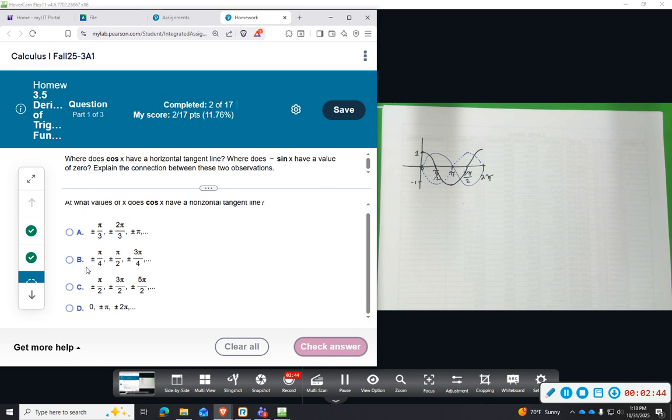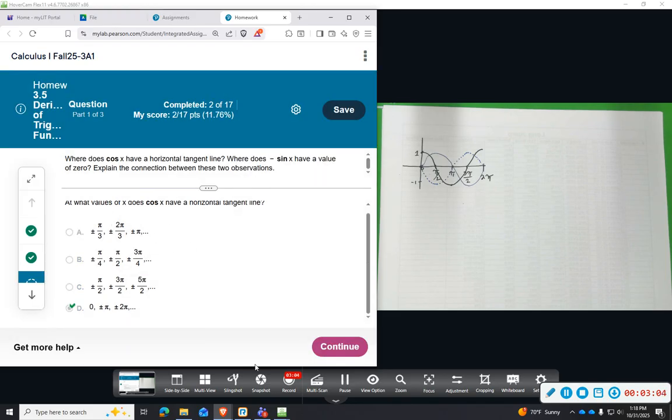So cosine is going to be at positive or negative pi. We can extend this going to the left and we'll get the same pattern. So every pi or negative pi, and also at 0, you can see that one there, it will have a horizontal tangent line.